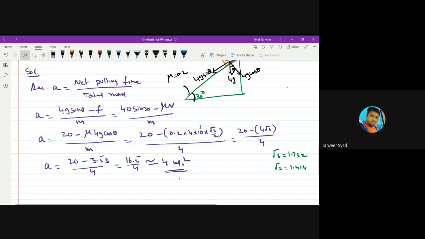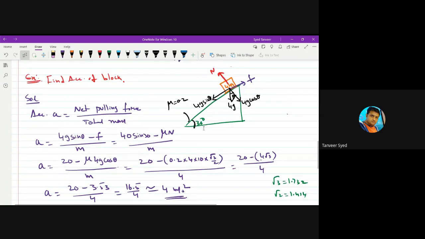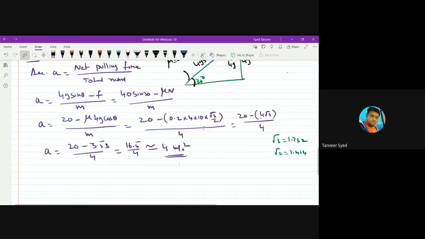If the same question is asked without mentioning mu, then what will be the acceleration of the block?